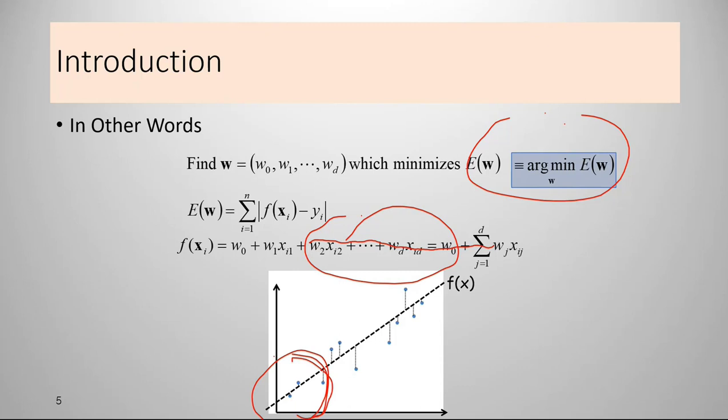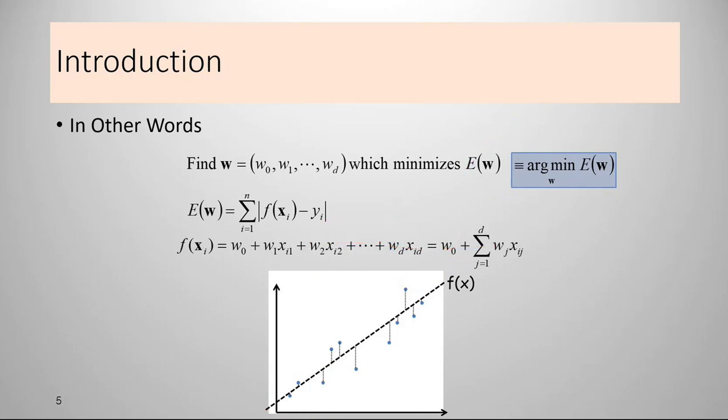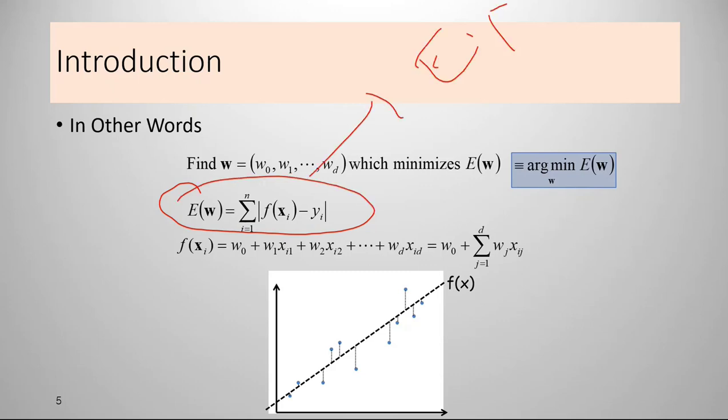Now the number of points is increased, so you need to enlarge your function for that number of weights. And this is our error equation, error function, or cost function.